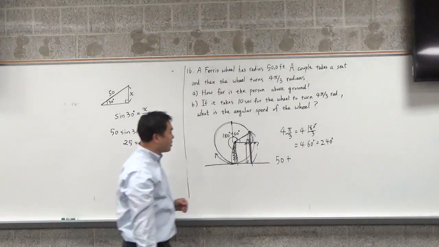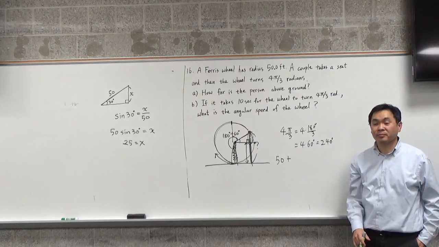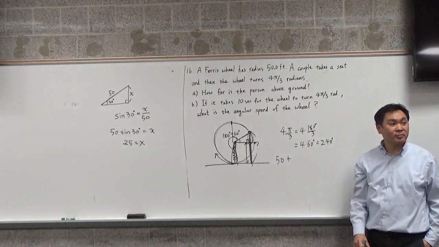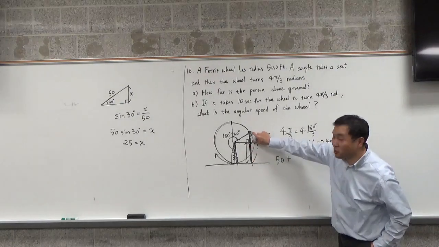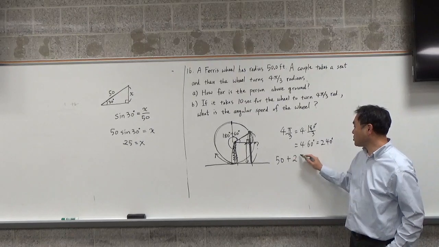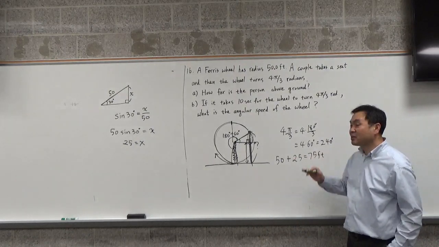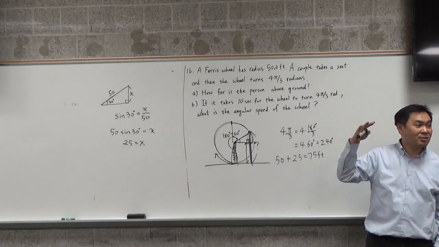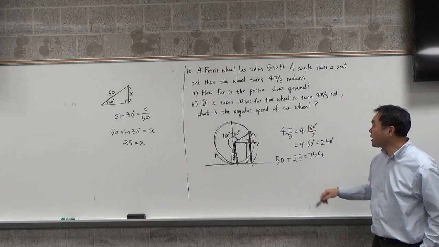Okay, so we're almost there. What's the answer to A then? 75, because this much is 50 and this much is 25. You add the two. 50 feet plus 25 gives you 75 feet. So they are right now 75 feet above ground. That's the answer to A.